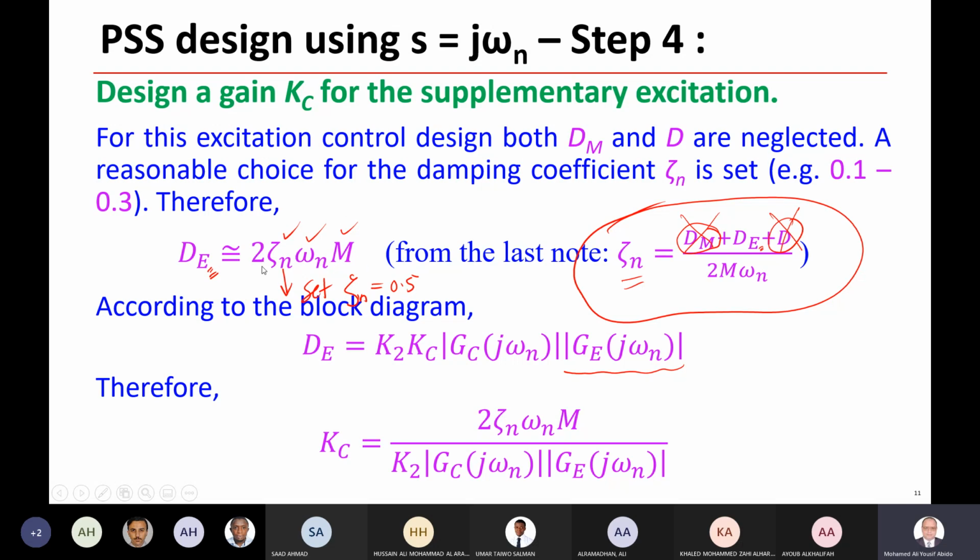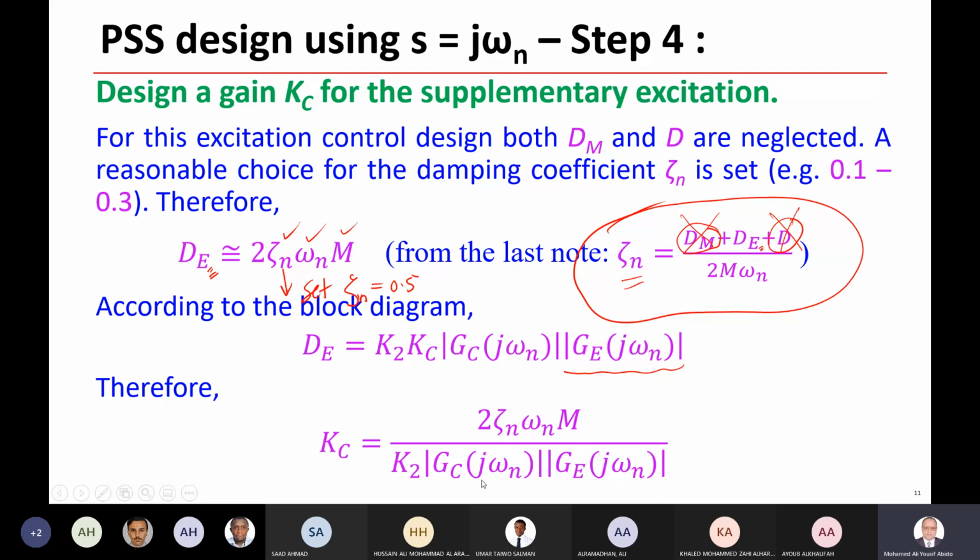All these are constants, and are known. M is given, omega n is calculated, zeta n is a design specification, you set it as 0.5. Then DE is known, and you can have it here. Therefore, you can get KC equal to 2 zeta n omega n m over this. So this is a complex number.